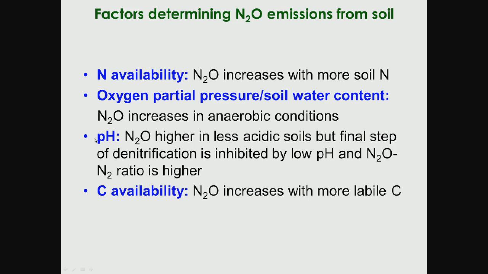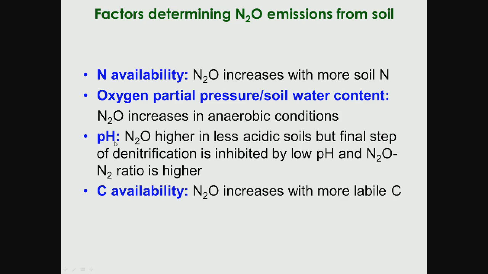pH is also an interesting component. Most bacteria generally prefer to survive in more neutral pH soils as opposed to acidic soils. So therefore, in less acidic soils, there's a greater bacterial population, including those that are generating these denitrification activities, so there's then greater production of nitrous oxide.